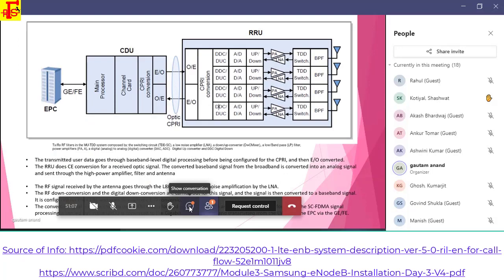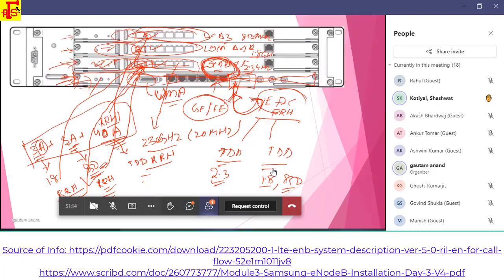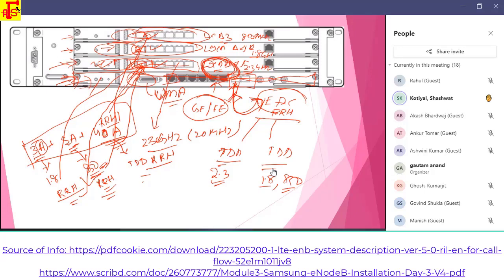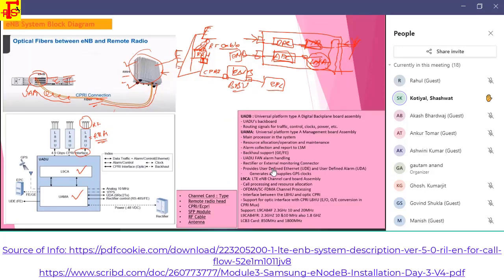I would like to ask one question. Can you go back a slide? Back, one more back. I think this DAC and ADC would be part of your baseband module, not part of your RRH module.